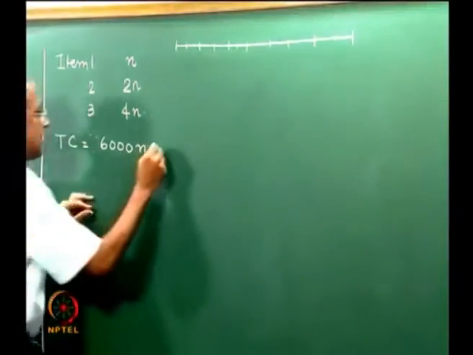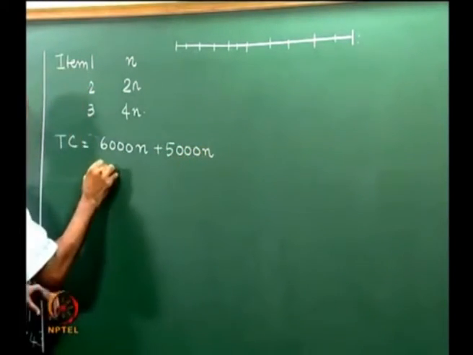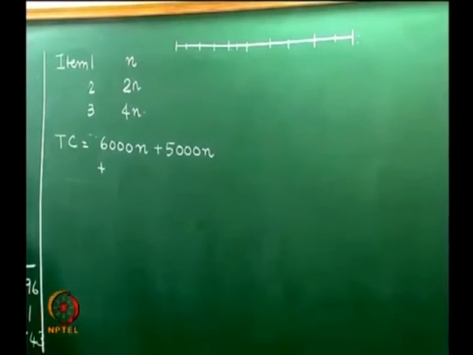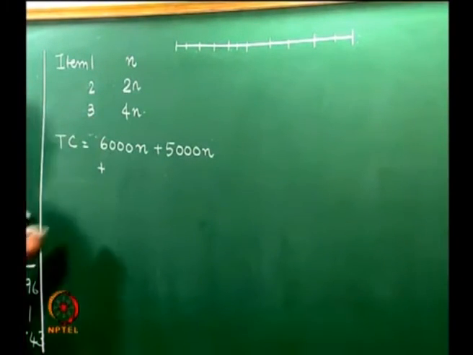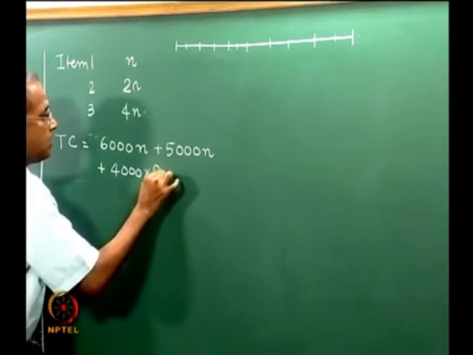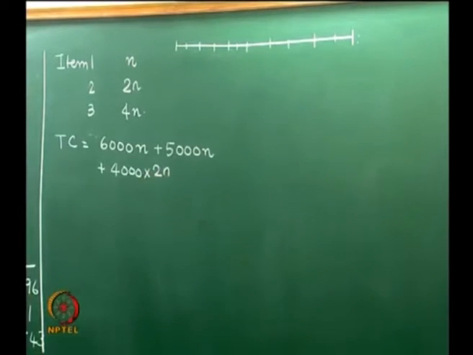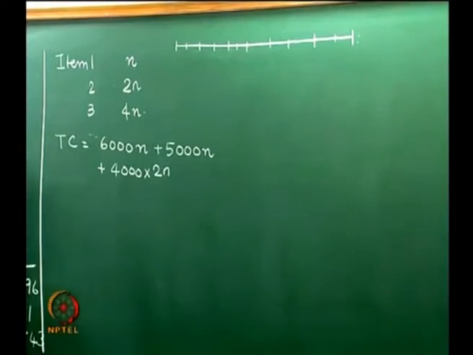So, this will become 5000 into n, and for the remaining 2n orders, this alone will go. So, this will be 4000 into 2n. So, this will be the total ordering cost that we will have.